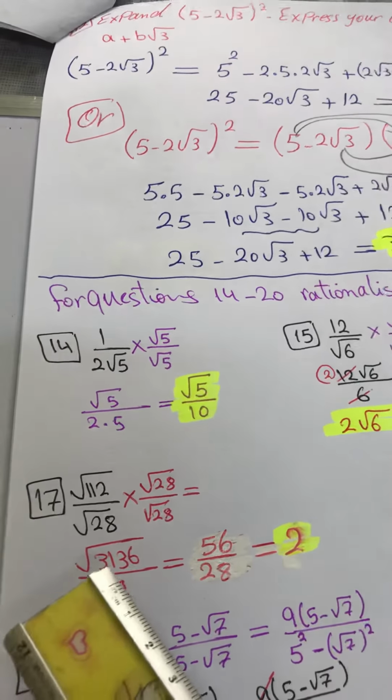I have 4 minus the square root of 2, 4 plus the square root of 2. I'll use this property: it will be the first square minus the second square. So I have 4 squared minus the square root of 2 squared. 4 squared is 16. The square root of 2 squared is 2. So I have 16 minus 2 over the square root of 11 minus the square root of 7.